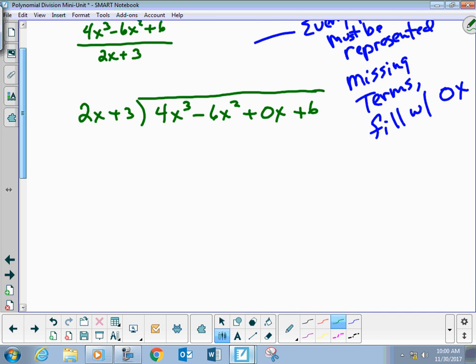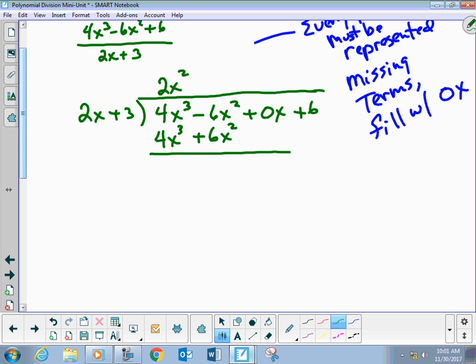All right, so let's ask, 2x times what gives me 4x cubed? I need a 2x squared, don't I? So again, distribute. This is now 4x cubed, and 3 times 2 is plus 6x squared.